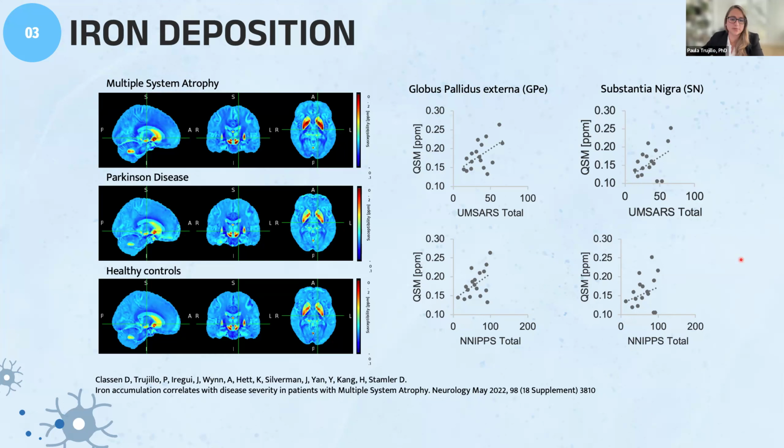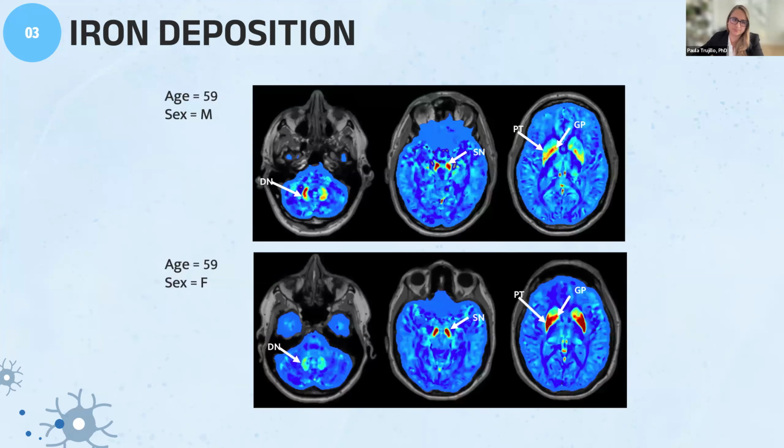We found that compared to people with Parkinson's disease and those with other brain problems, people with MSA had more iron in the putamen, globus pallidus, and substantia nigra. They also had higher iron levels in a structure in the cerebellum called the dentate nucleus. So people with MSA have more iron in these structures, and this was also associated with worse symptoms.